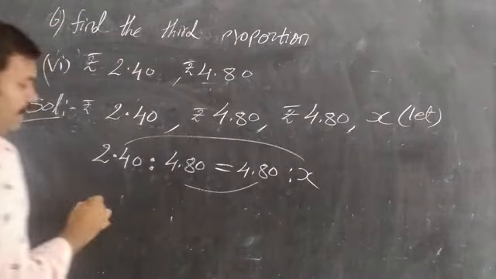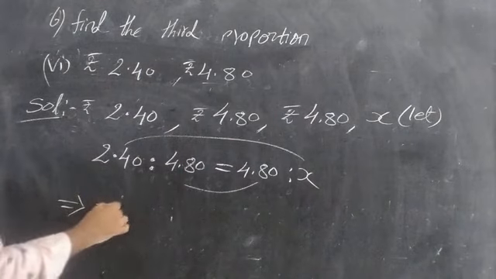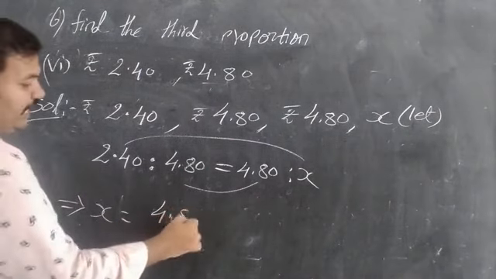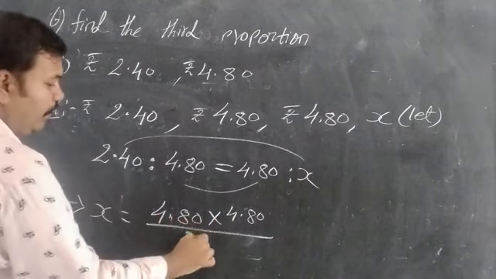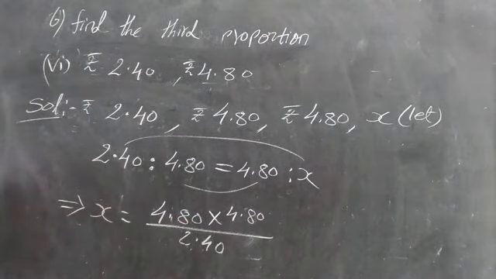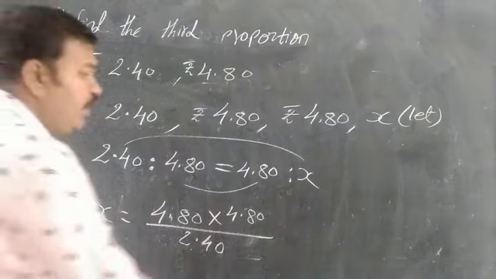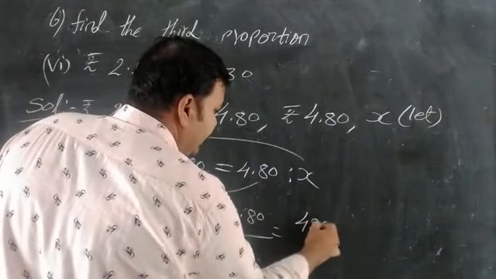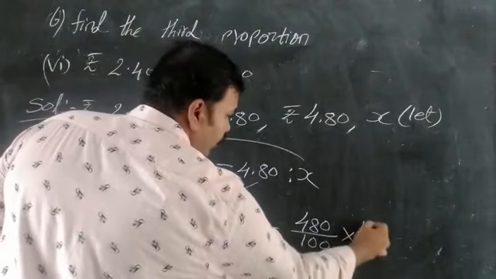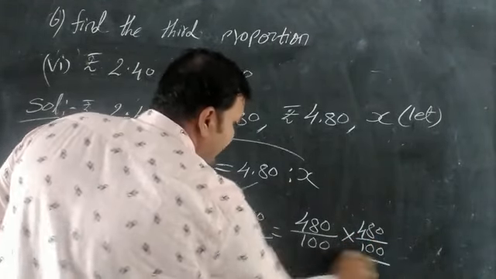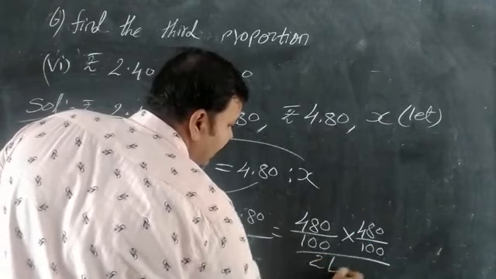Product of extremes equals product of means. Now x is equal to 4.80 into 4.80 by 2.40. Changing into fraction form, 480 by 100 into 480 by 100 by 240 by 100.